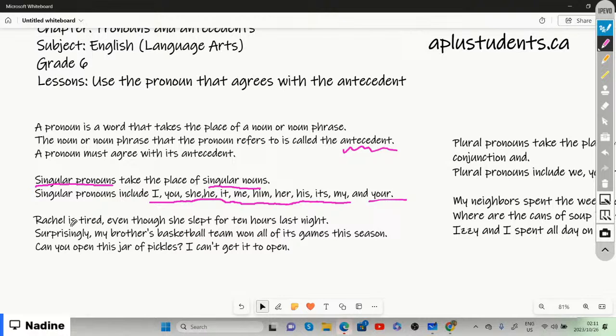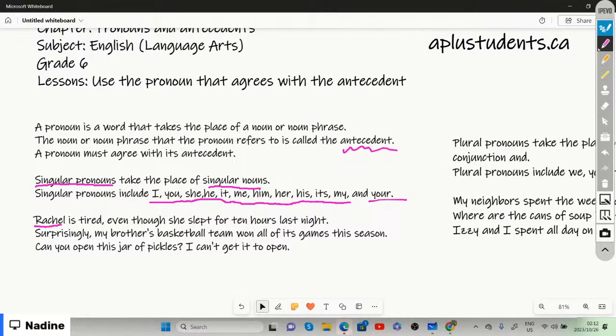So Rachel is tired, even though she slept for 10 hours last night. If we identify the antecedent within that sentence, we can say it is Rachel.